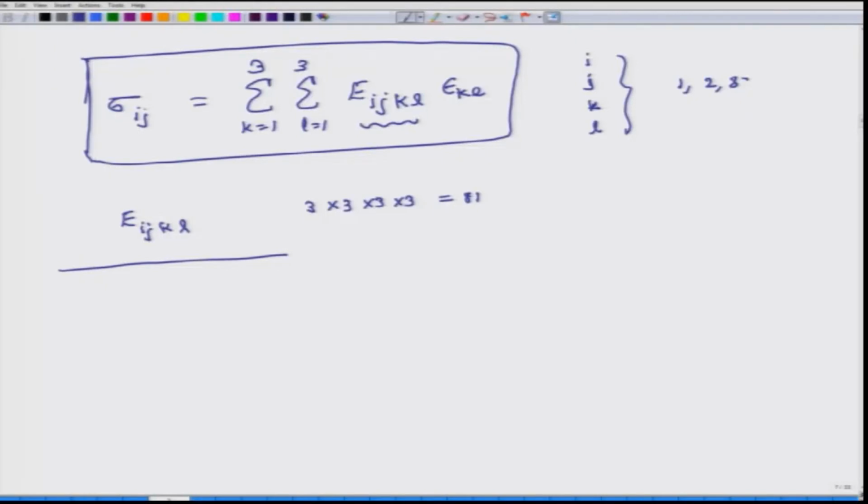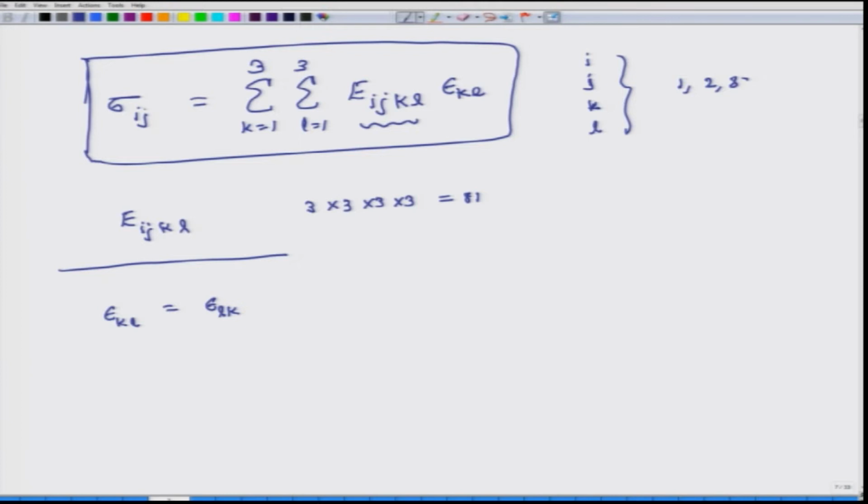So now we start simplifying this. The first simplification is based on the fact that epsilon_KL equals epsilon_LK. Why is that?